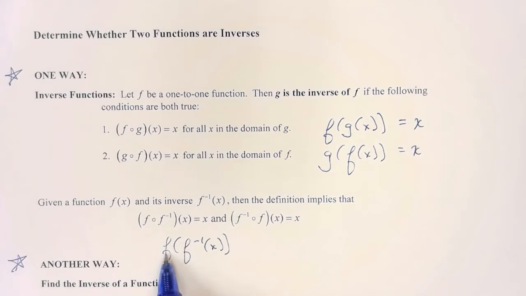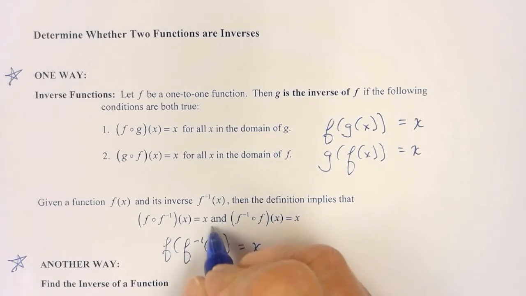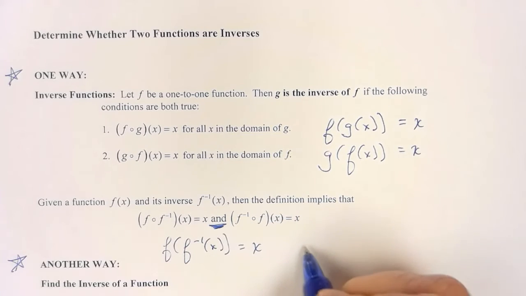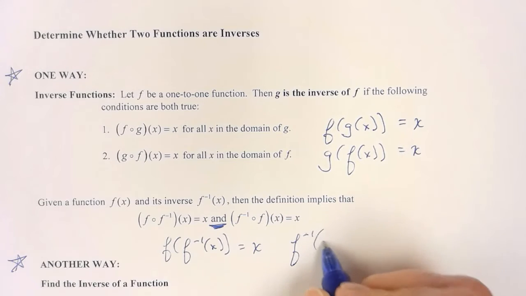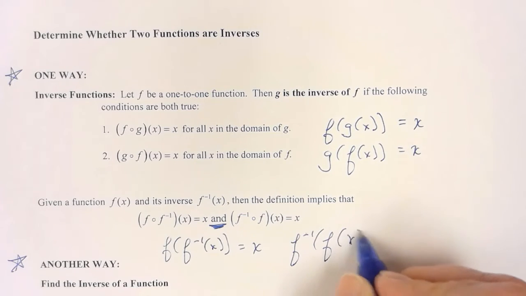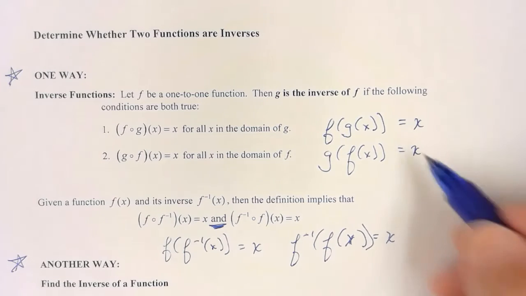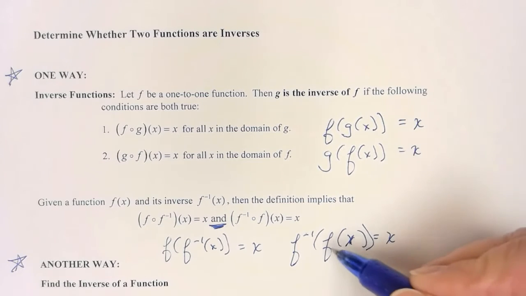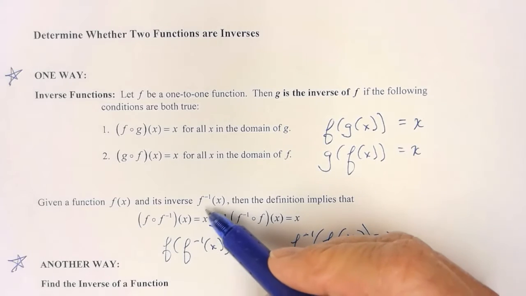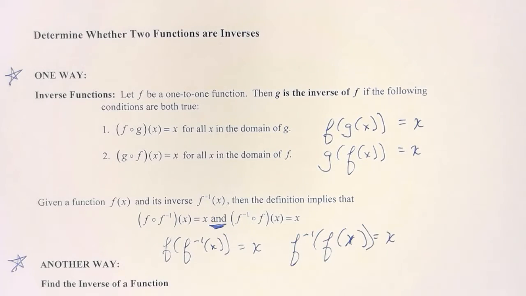So if I do my composition, my f of f inverse of x equals x, and because of this word and, if this is true, which is saying the exact same thing here, they're just saying it a little bit differently, and they're using the notation for f inverse.